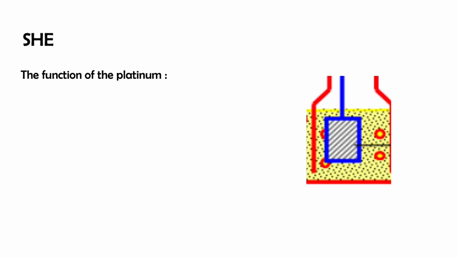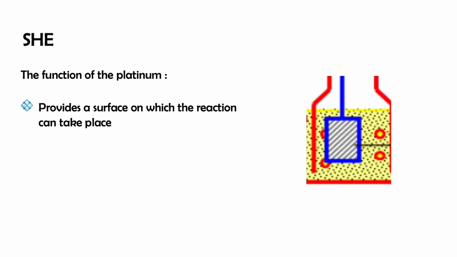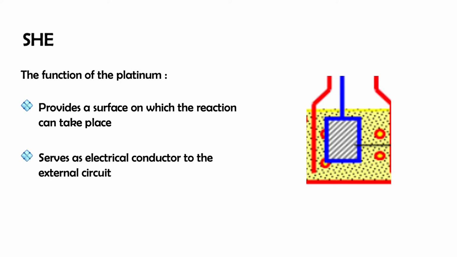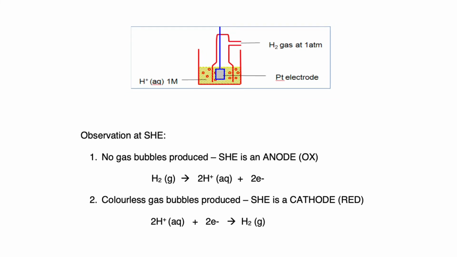The function of the platinum is to provide a surface on which the reaction can take place and to serve as an electrical conductor to the external circuit. It can act as anode or cathode, depending on the observation.